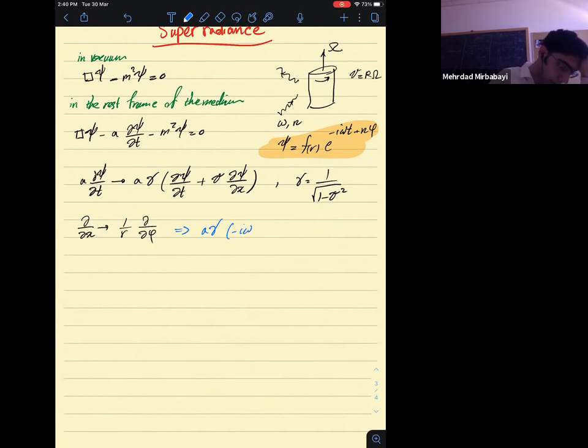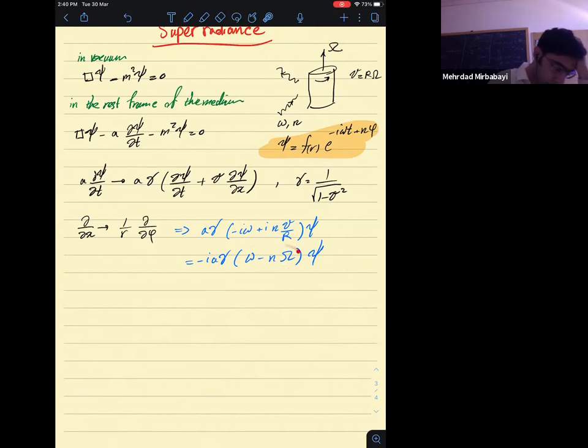And then from the space derivative, after doing this replacement, I will get plus i n v divided by r times psi, which is equal to A gamma, or let me factor out of i to write the main thing inside. So I have minus i A gamma, omega minus n big omega, times psi.